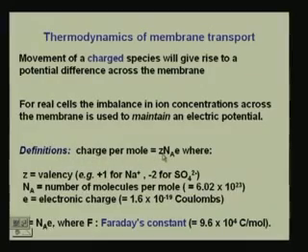You have a Z. What is Z? Z is the valency. You have Na, which is Avogadro's number, and you have e, which is the electronic charge. And we have this F. What is F? F is Faraday's constant, that is Avogadro's number times the electronic charge.